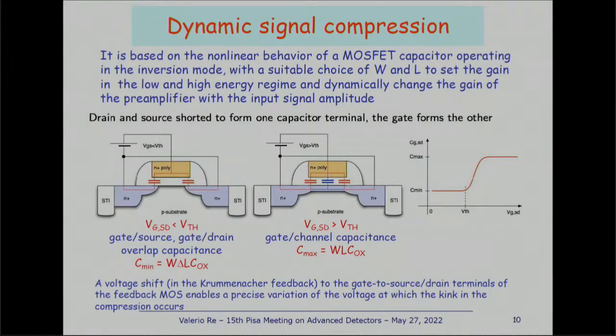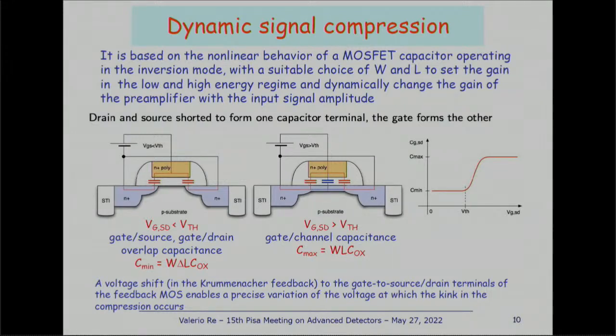Instead, when we have a large amplitude signal at the output, the gate-to-source voltage goes above the threshold voltage of the transistor. So we have a channel between source and drain, and so we add the capacitance from gate to channel.